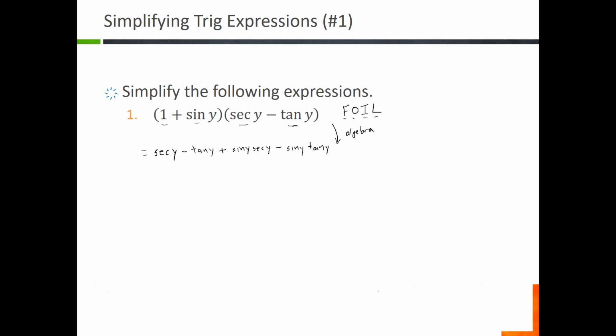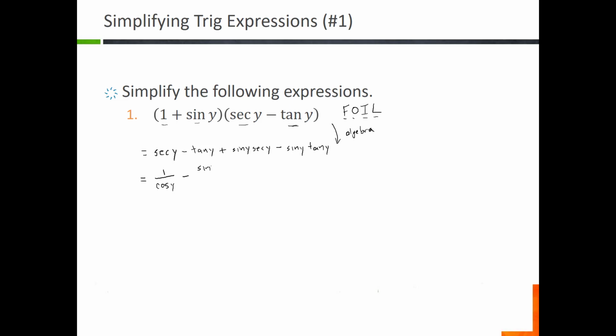So let's use the substitutions that we have so far. This is one of our reciprocal identities. We know secant is 1 over cosine of y. And then minus, so secant becomes 1 over cosine, minus tangent, which I can do a similar thing.